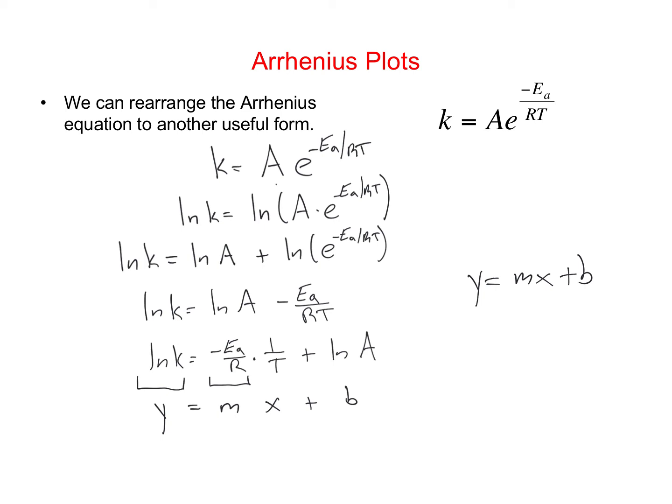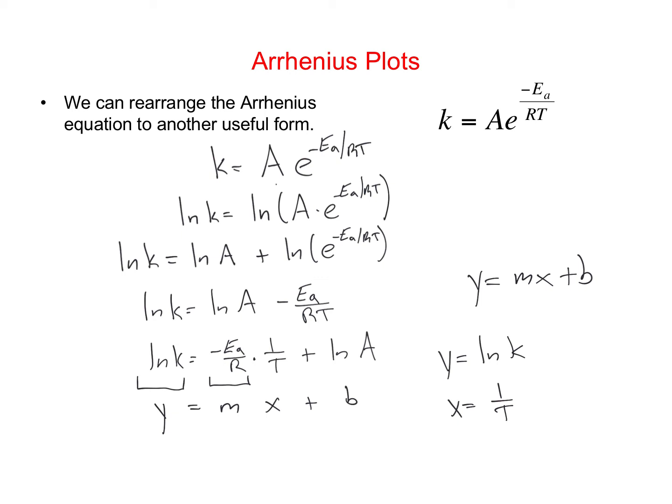y-intercept. And so if I just plot the rate constant versus temperature, I will not get a straight line. However, if I make a plot where y is the natural log of k, and for x I use the inverse of T, 1 over T, I will get a straight line.